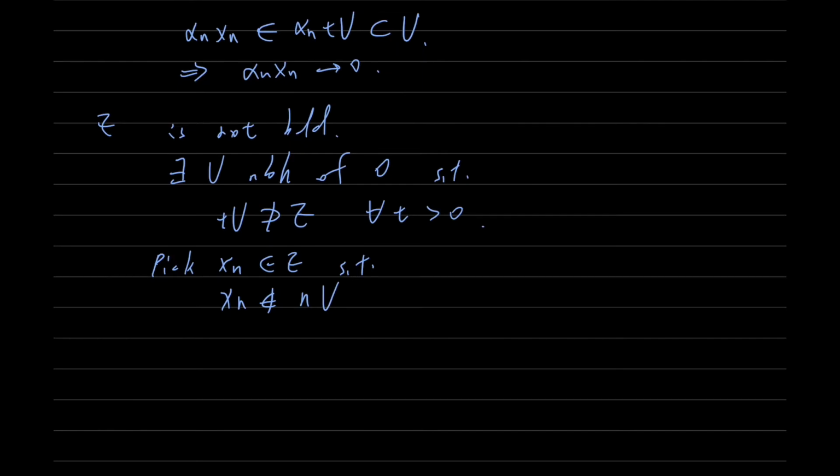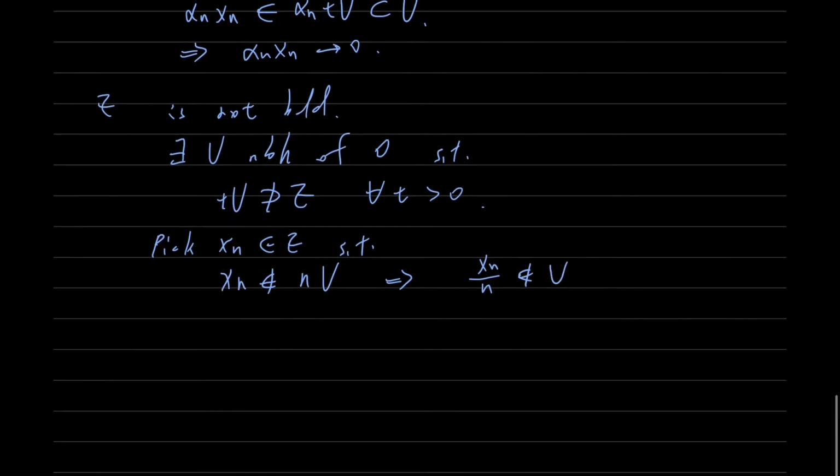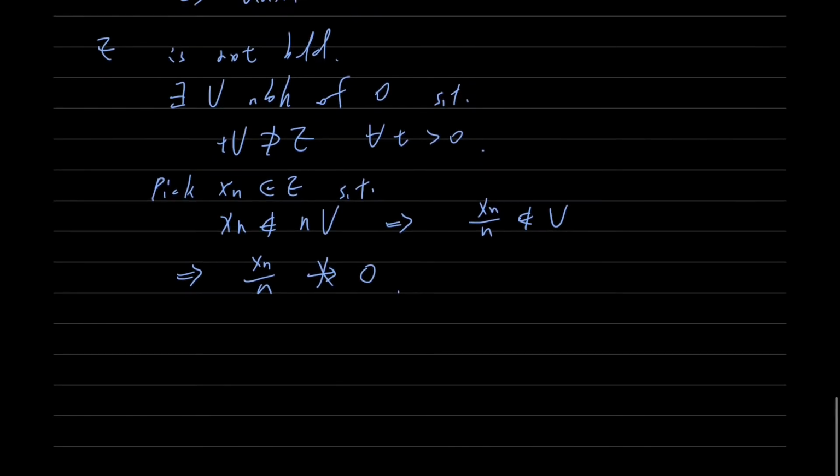Thus, this implies that alpha n xn is not contained in V, which implies that this does not converge to 0. So this proves the theorem.